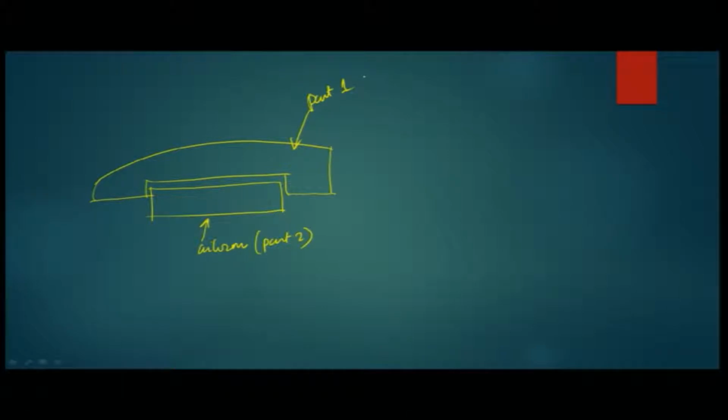So the manufacturing process made these in two separate parts, and then these were hinged onto the general structure of the wing.